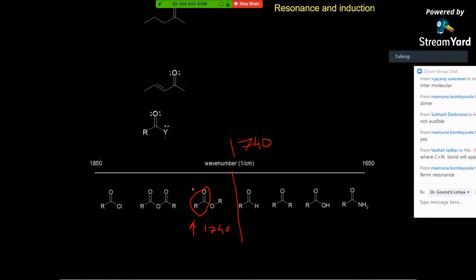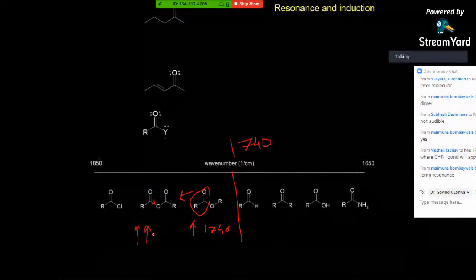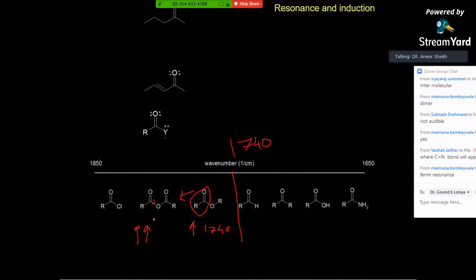But if we proceed further, from ester to anhydride, we get a stronger inductive effect than the resonance effect, and here we get a higher frequency, near about 1719, the peak of anhydrides.